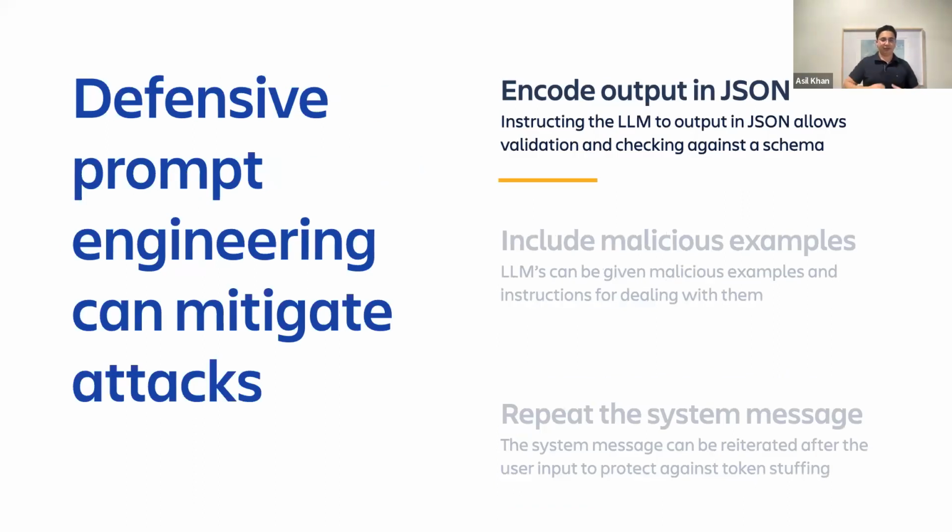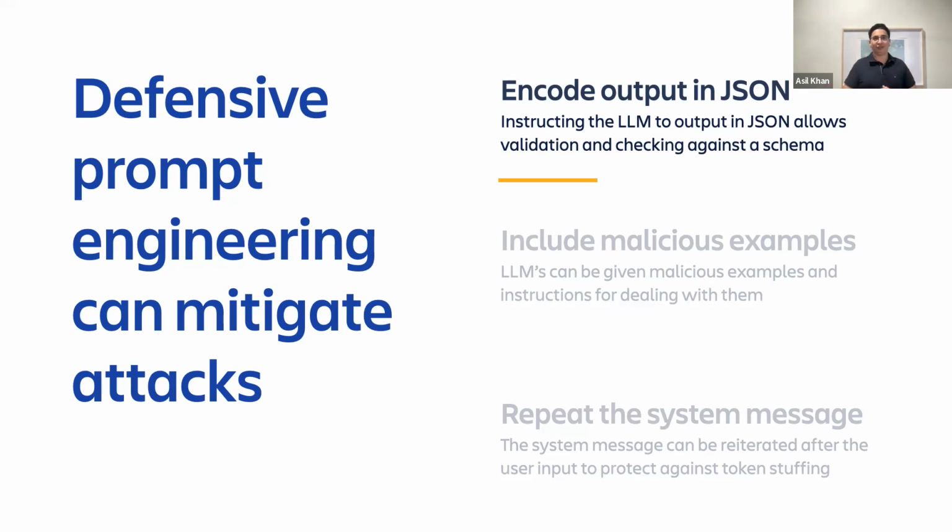Beyond that, one can use some defensive prompt engineering strategies within the system prompt to ChatGPT to mitigate some prompt injection attacks. One way to do it is to encode all of the output from an LLM into JSON, which will allow validation and checking against the schema.